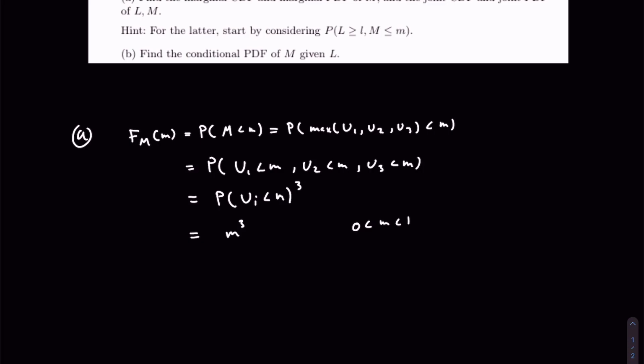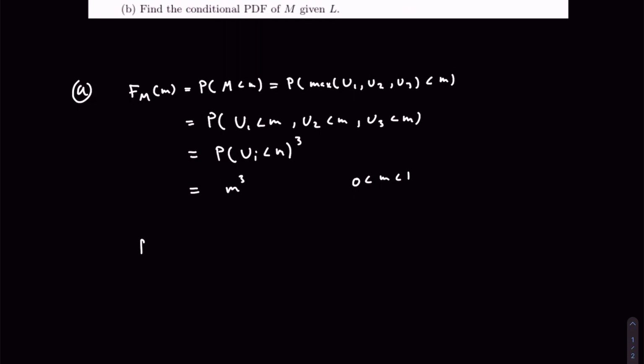All right, and the PDF is pretty straightforward, because we then just take the derivative of the CDF with respect to m, f of M, and that is what we just calculated, m cubed, which gives, oh sorry, 3m squared.